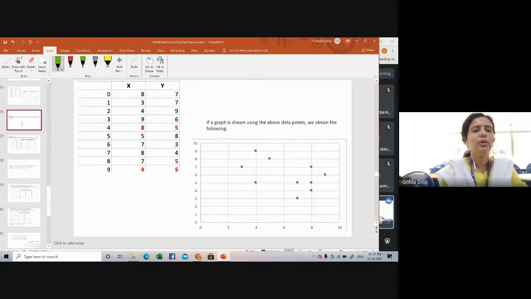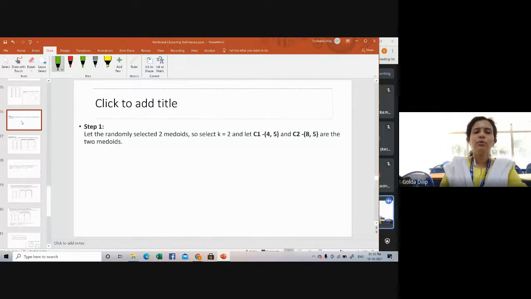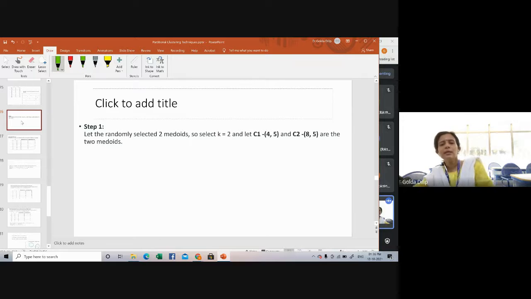Okay, so the next step. The first step says you are randomly selecting two medoids. So I'm selecting 4, 5 and 8, 5 as the two medoids.